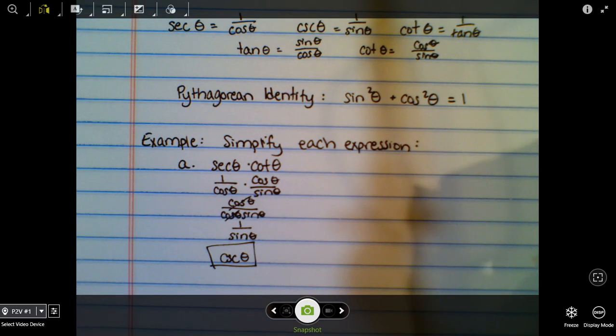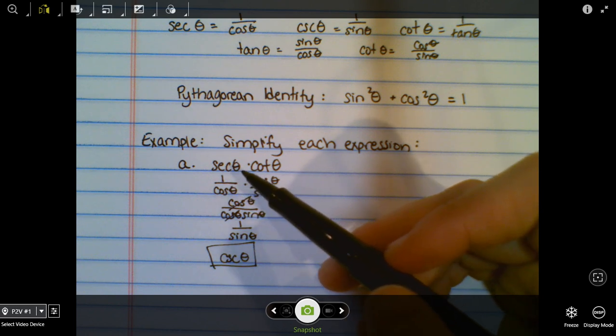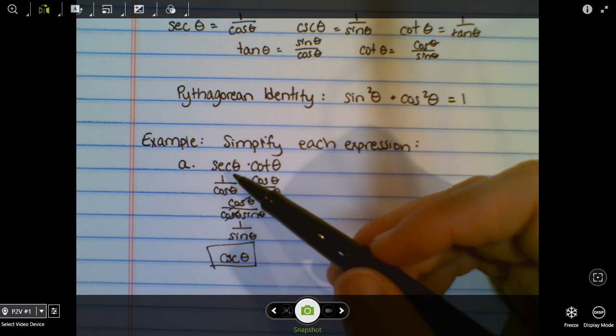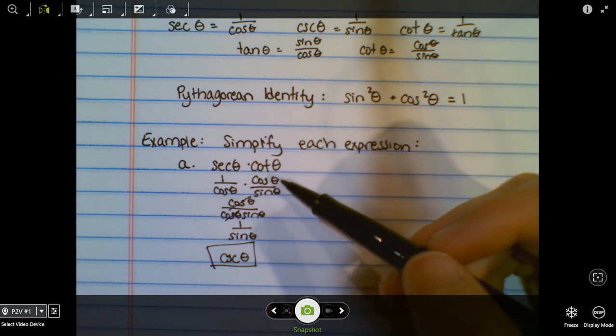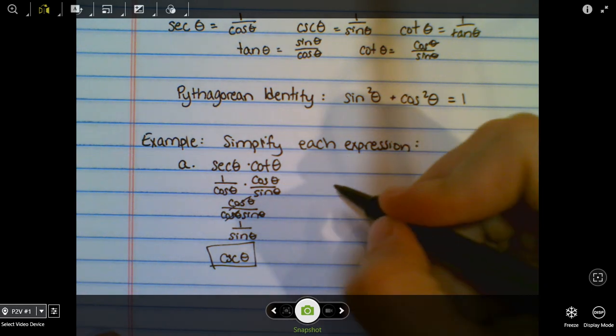So that worked out pretty easily. Really, when you're simplifying an expression, we just have to start with something, replace secant with what we know secant is, replace cotangent with what we know cotangent is, and hopefully something will work.